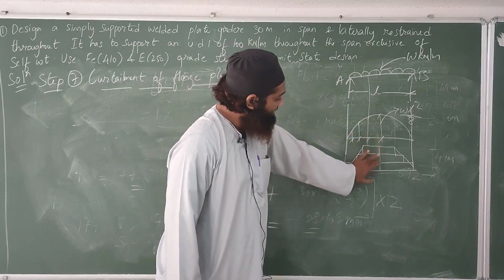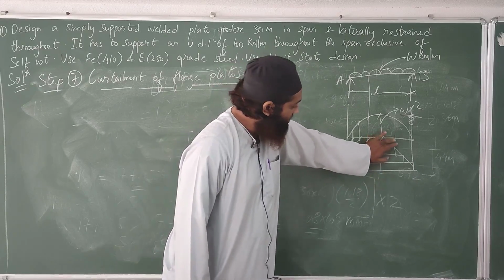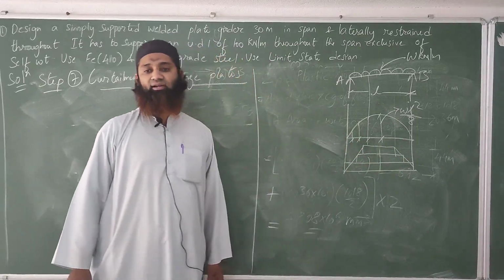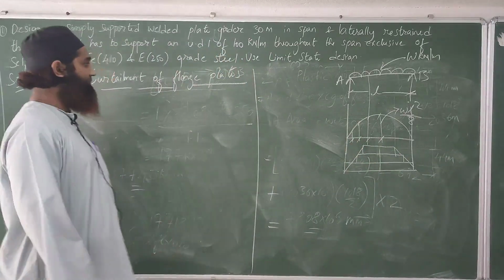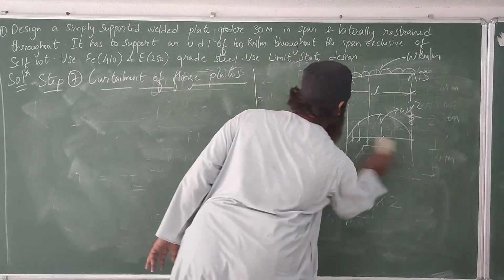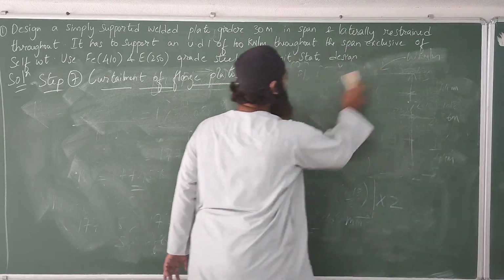It is needed only till here at the center. At the corner we can just cut these plates. That is called curtailment, and it has been given by a formula. Hope this is clear. Hope you have understood what is meant by curtailment.